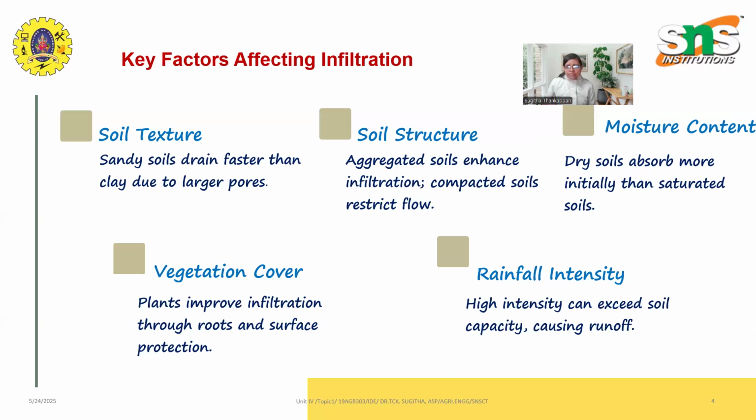Moreover, in lands with more vegetation cover, the organic residues will also be more, which influences the microbial activity. If the microbial activity is good, the soil structure will be improved in a natural way and the infiltration capacity will improve.